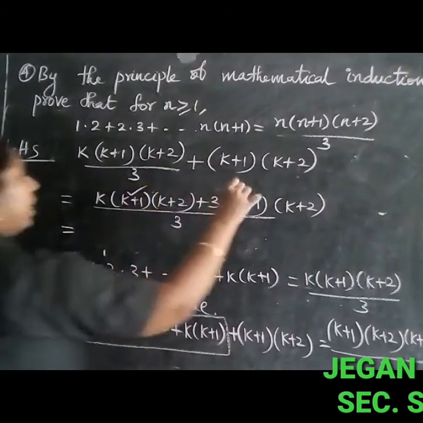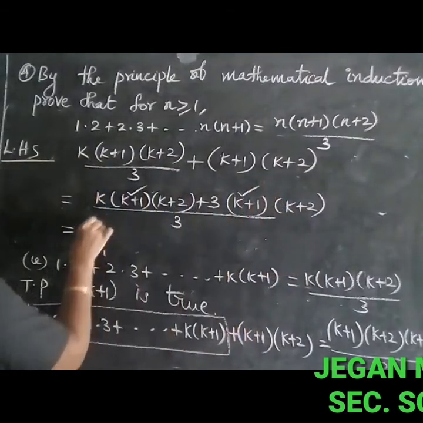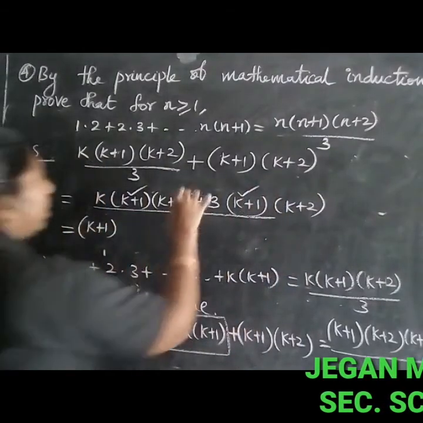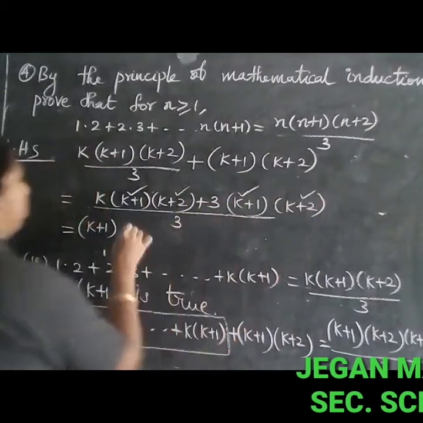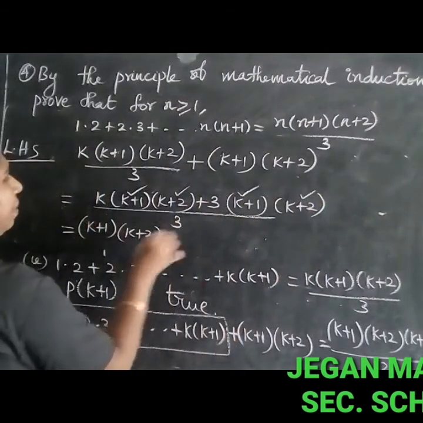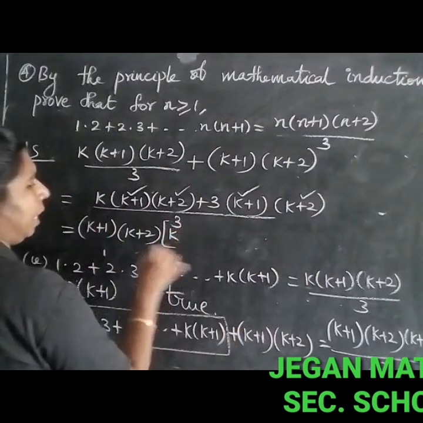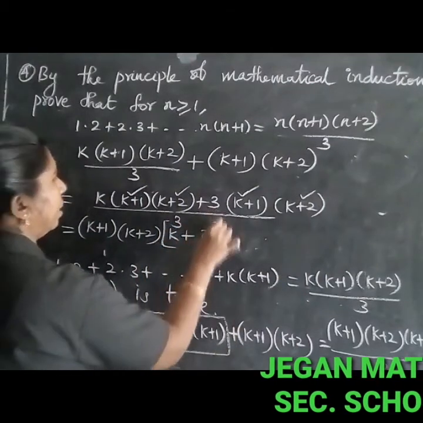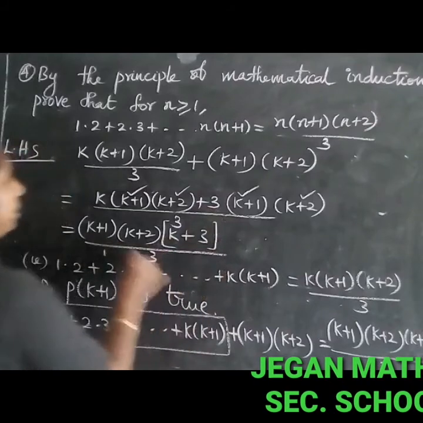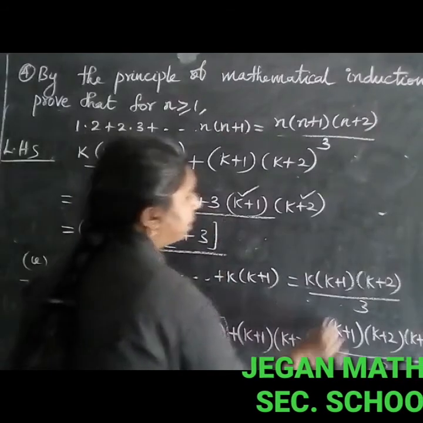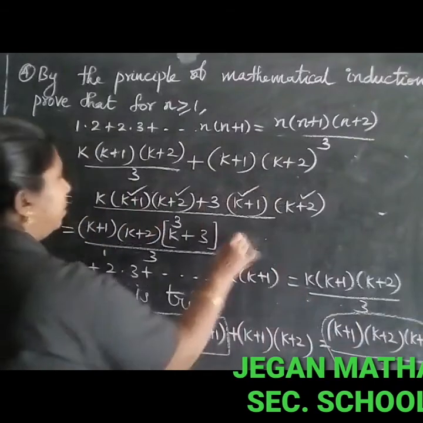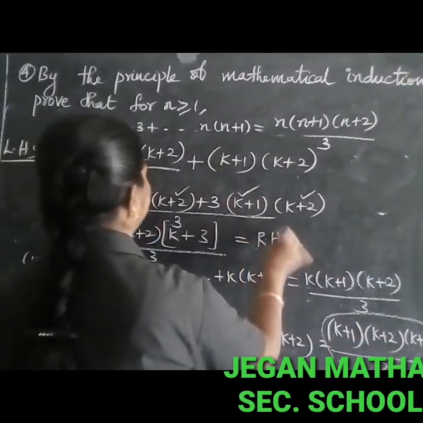Here k plus 1 is there, so you can take k plus 1 outside as well as k plus 2 outside. Remaining what we are having? k plus 3. The whole divided by 3. That is only given in the right side, which is equal to RHS.